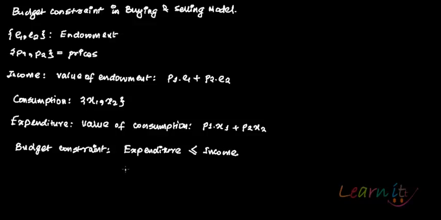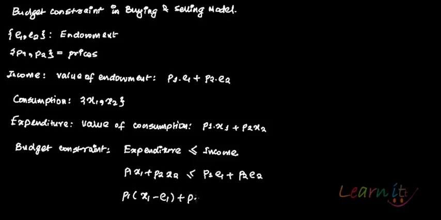So that would mean P1x1 plus P2x2 is less than or equal to this income, which is P1E1 plus P2E2. Or if you want to write this in terms of net demands, you can write it like this.